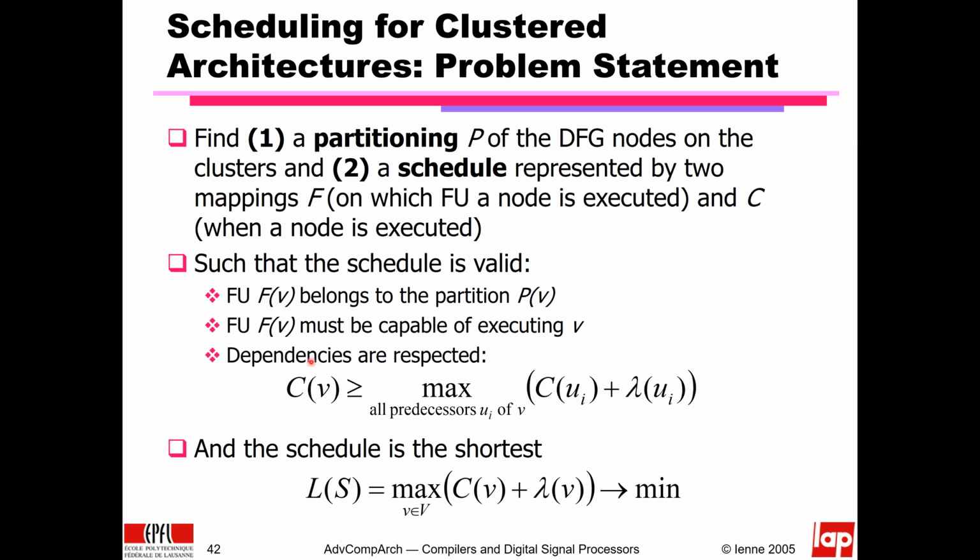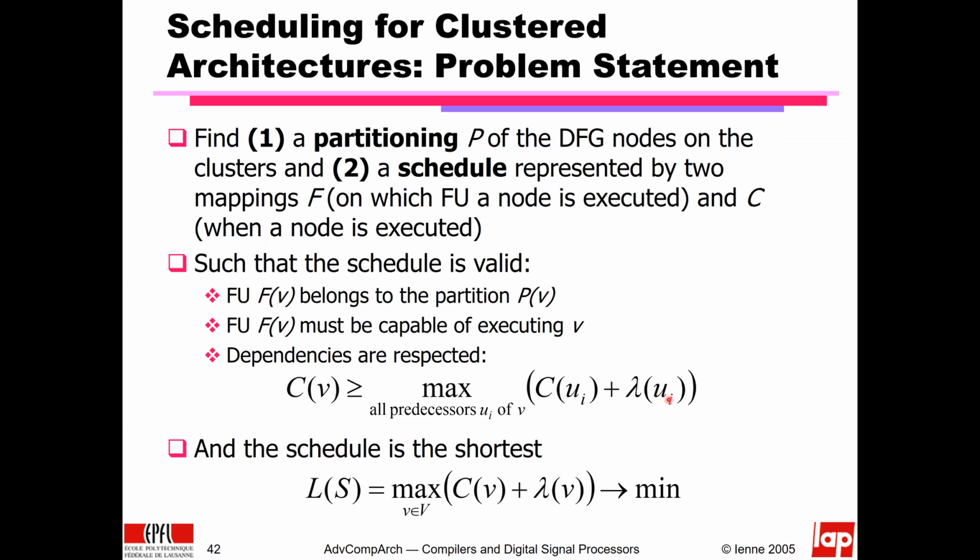I let you read the slide in more detail, but I think the intuition should be there without reading: if you have a dependency that goes across the two partitions, that is, my value has been produced in the other cluster, and now I need, in a functional unit in the second cluster, a value that comes from the other one, I have an additional cost in latency, which is the cost of bringing here the value that I need.